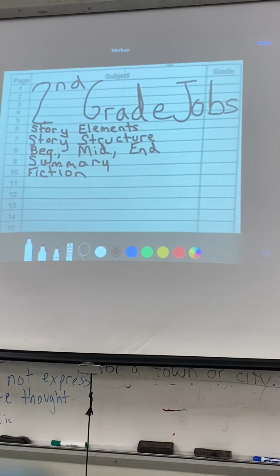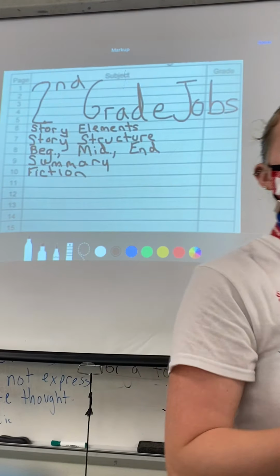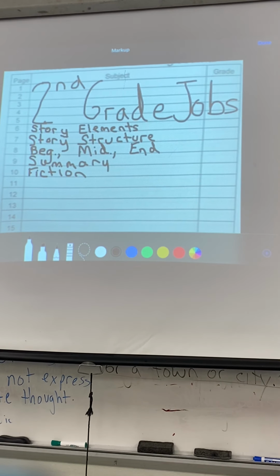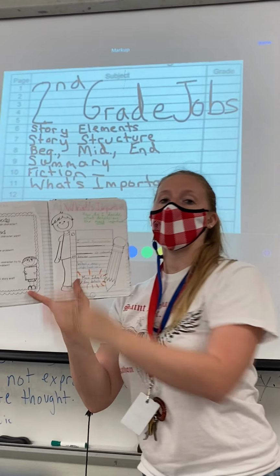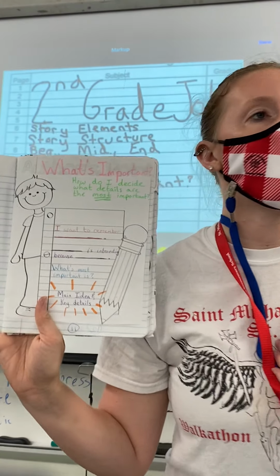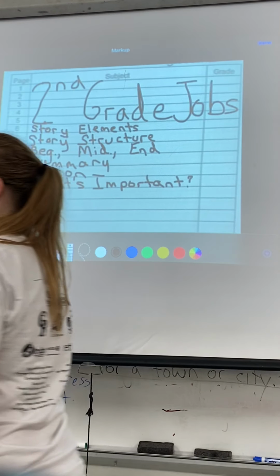All right, on 11, you should have what's important. We're setting up this based on the headings we're seeing on our pages. We're setting up our own table of contents from our headings.